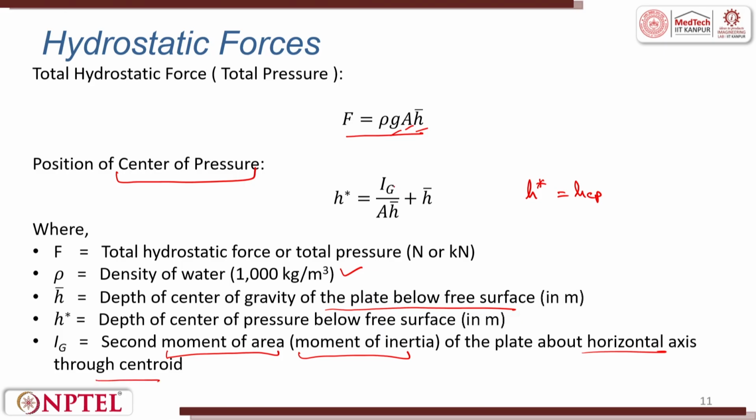Now this moment of inertia divided by the area into h bar plus h bar, that is depth of the center of gravity of the plate below this free surface, that is what is h star, which is to be calculated in general, that is depth of center of pressure. I will just draw one simple diagram, from there you will understand that better.